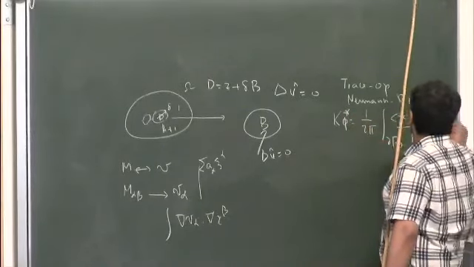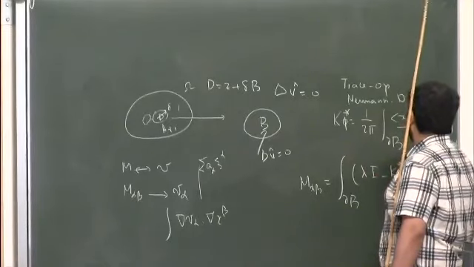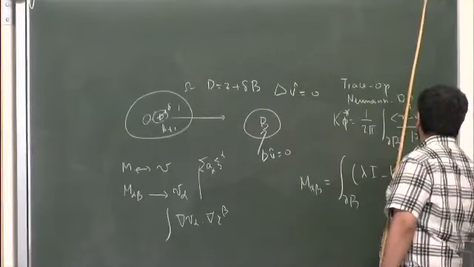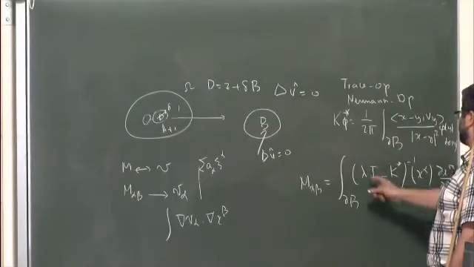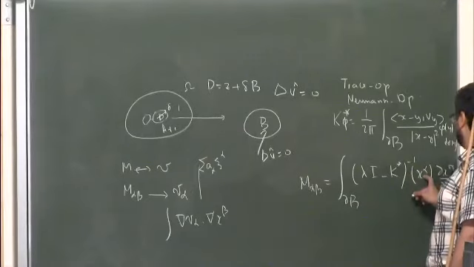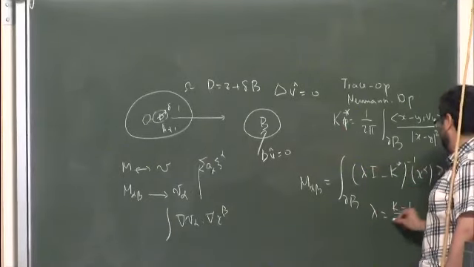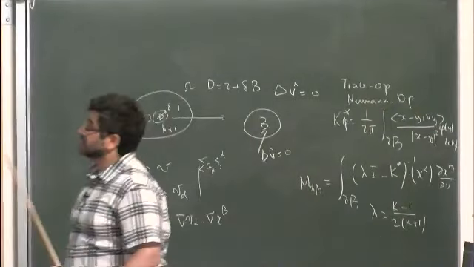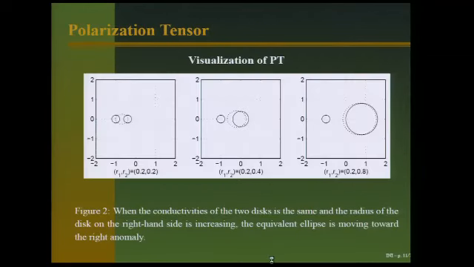And the polarization tensor M alpha beta, let me write down the formula. It's nothing else than the integral of the inverse of lambda identity minus K star applied on x alpha, times the normal derivative of x beta, where lambda relates to k as k plus 1 over 2 times k minus 1. So I like this definition much better than the one with the functions V.